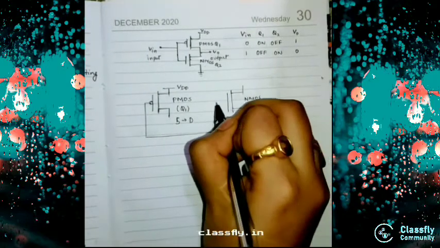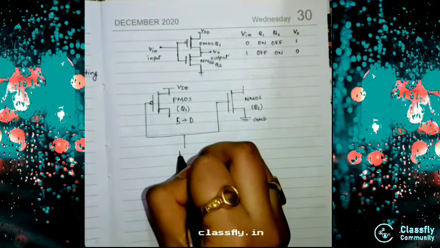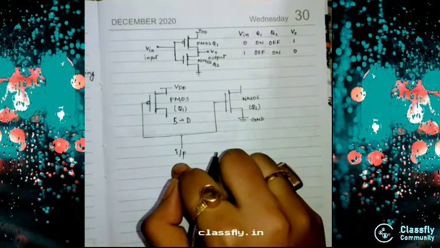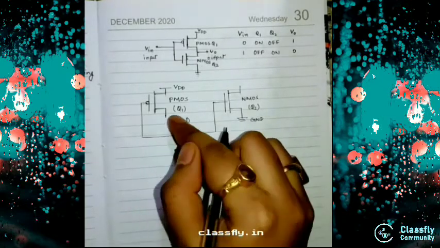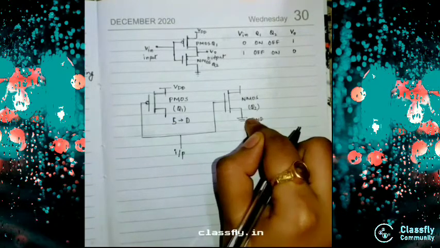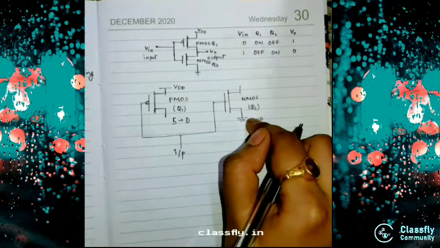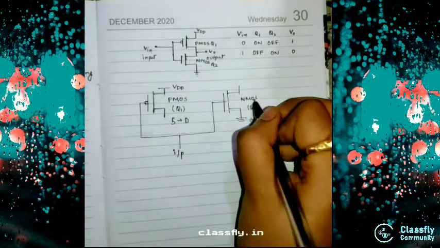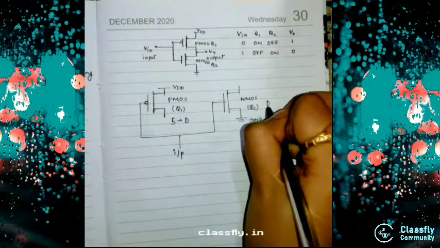That means both inputs will be the same. Whenever we give Vin, if Vin is 0 for PMOS, then the input for NMOS will also be 0.